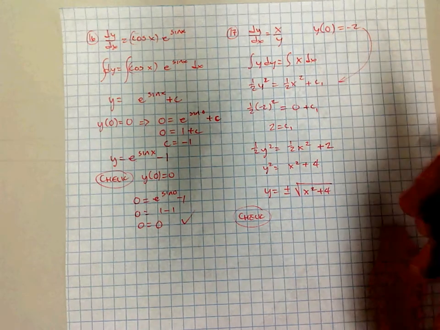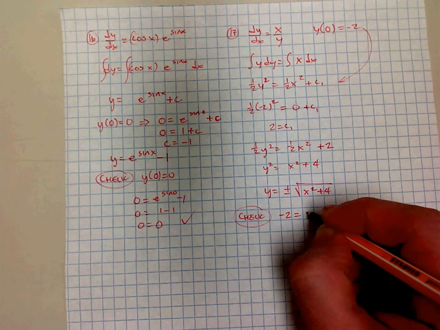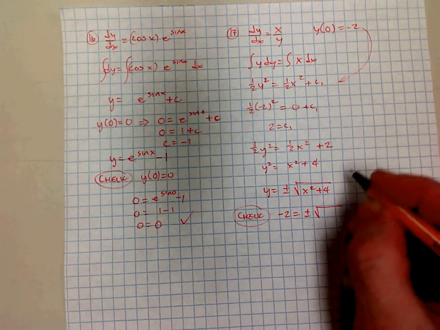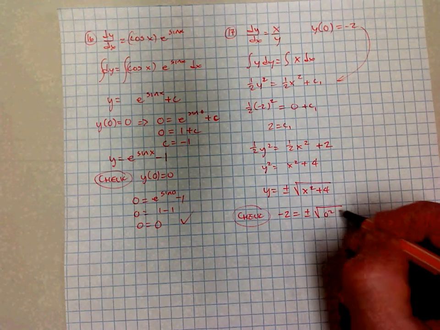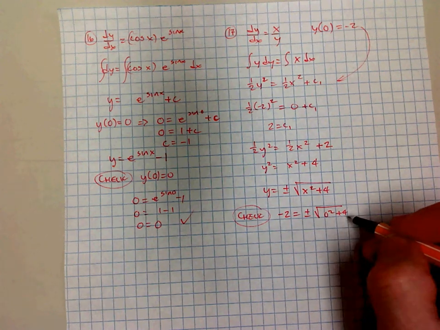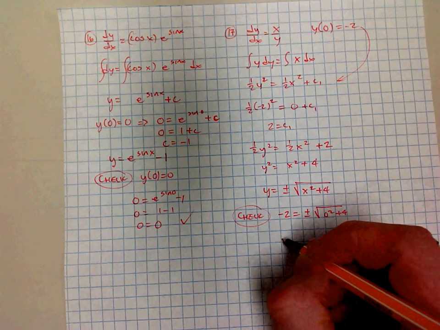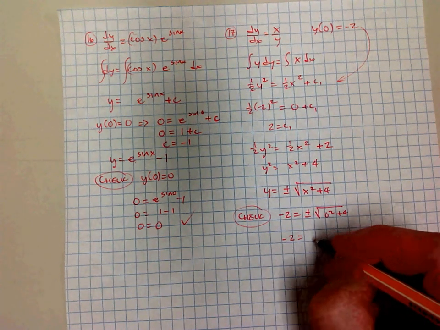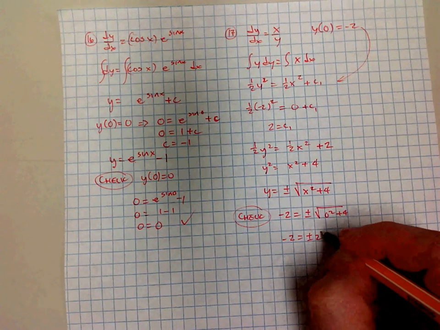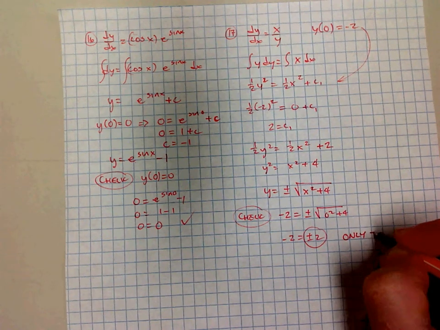And this will be plus or minus the square root of 0 for x plus 4. 0 squared is 0, plus 4 is 4. The square root of that is 2, but only the negative 2 is the one that satisfies our condition.